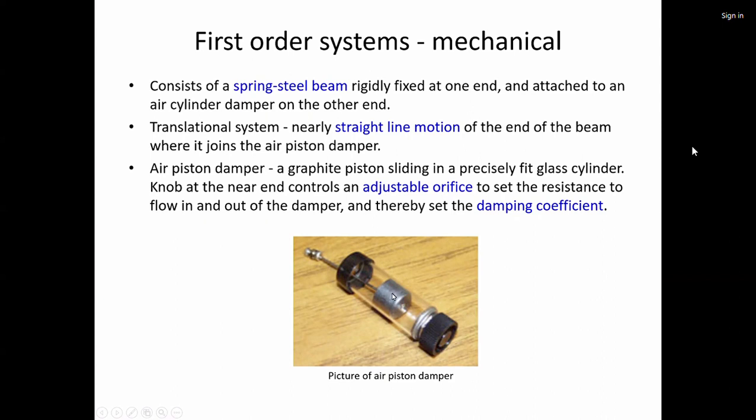Sorry, the piston here. The piston is within the cylinder, and this piston basically moves up and down, and there is an orifice here. So when the piston moves down, the gas or air leaves this control volume, and when this piston moves off, air gas is sucked in.